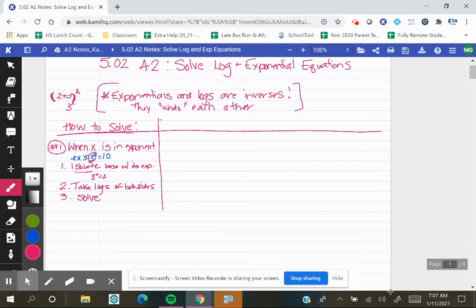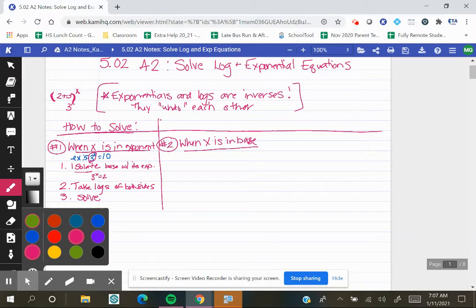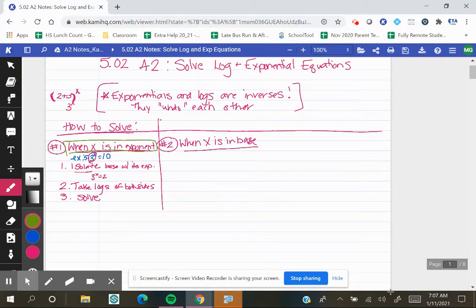Now let's look at the second scenario, which is when x is in the base of an exponential. When x is in the exponent, when x is in the base. Make those a different color so they stand out. All right, so first step again, let me give you an example here.